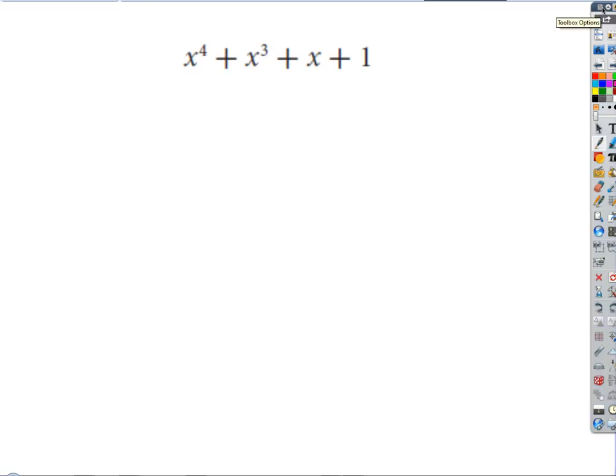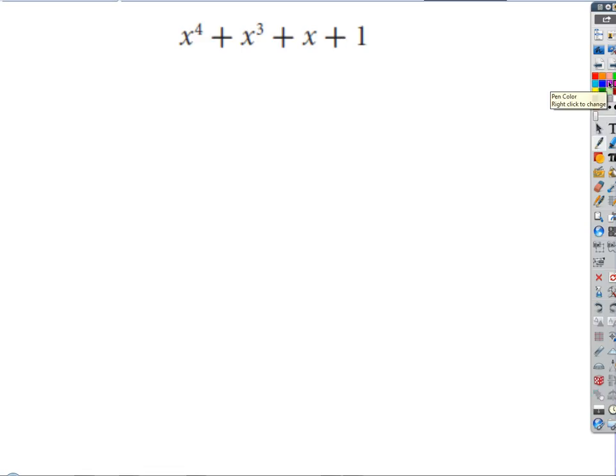All right, so if I group this, let's take the first two terms. What's the greatest common factor of the first two terms? X cubed. So out of these two, we can pull an x cubed, leaving us with what?